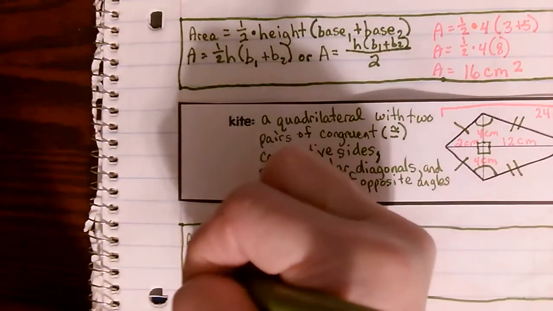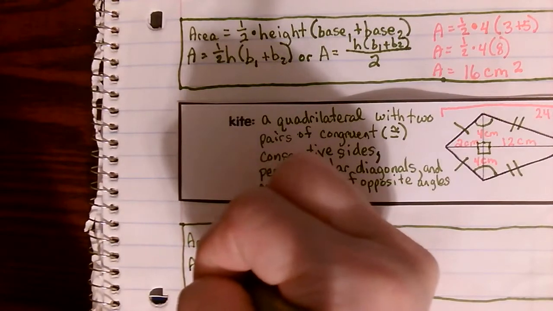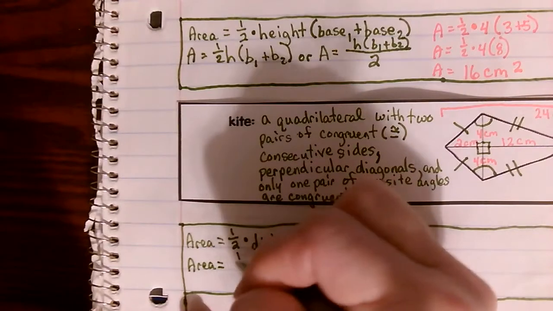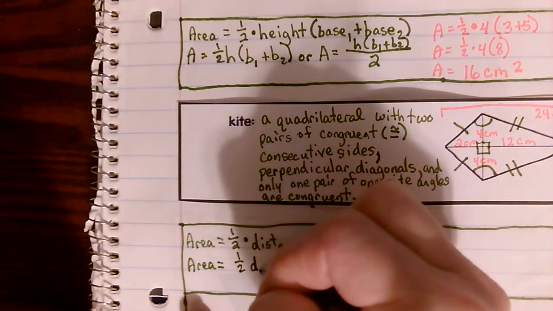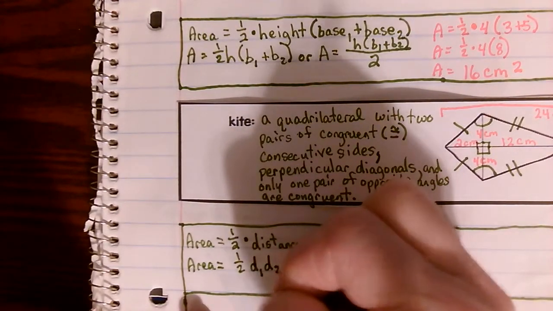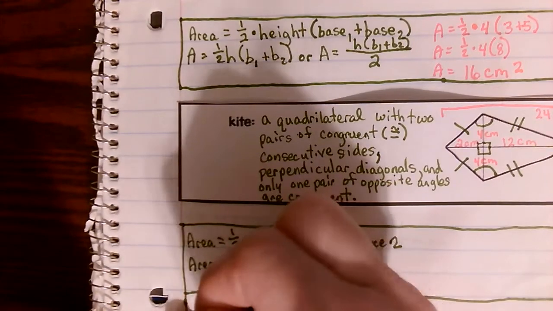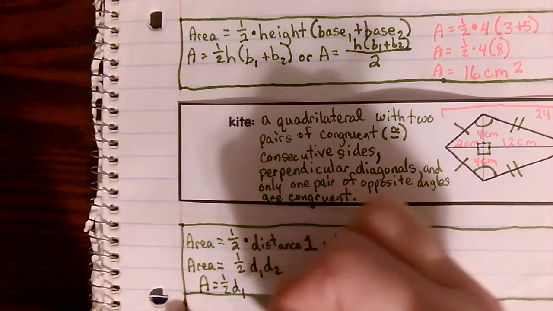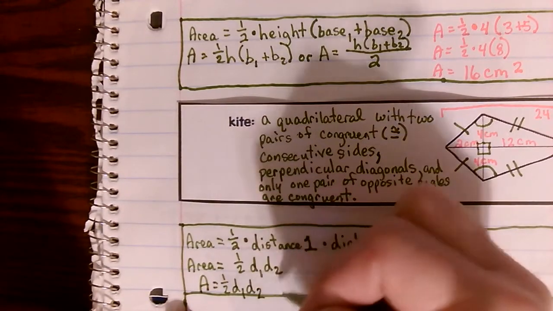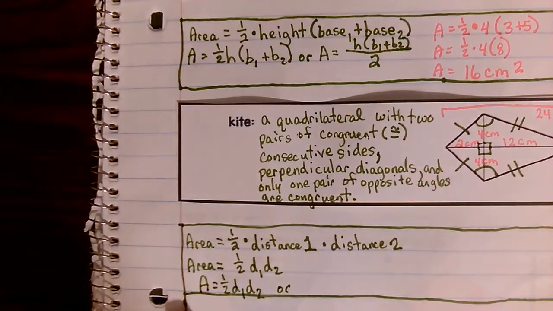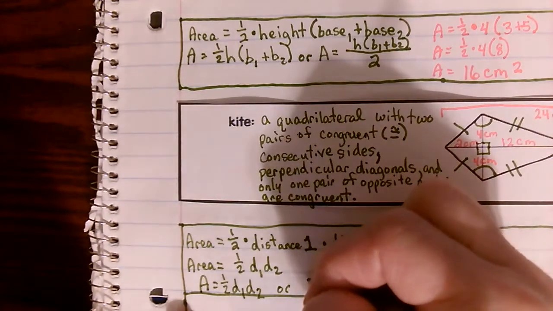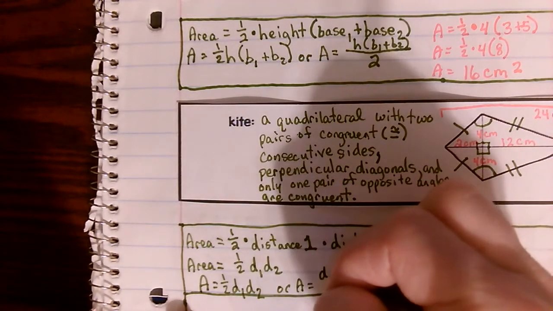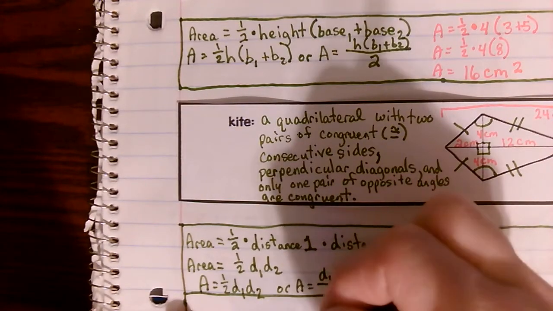And that means area, or A, I should have written A there, equals 1/2 D1 times D2, or we'll just put the A there. A equals 1/2 D1 D2, or if you're multiplying by 1/2, that also means divide by 2. A equals D1 times D2 divide by 2.